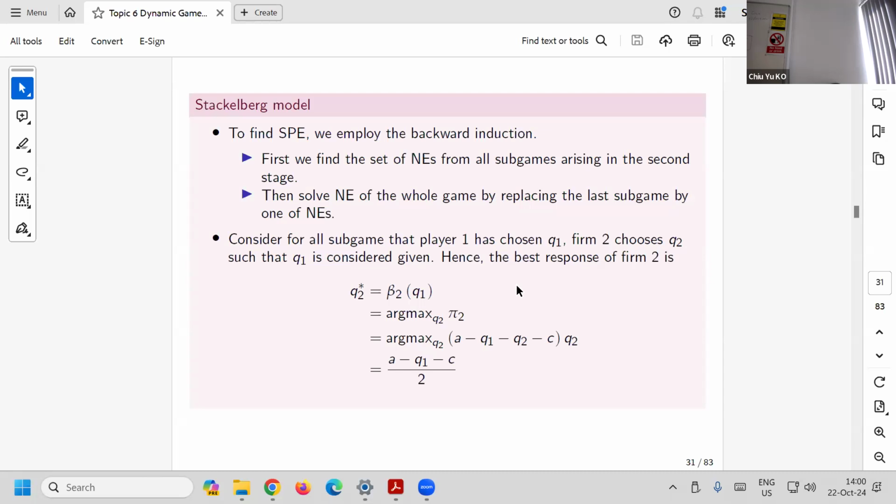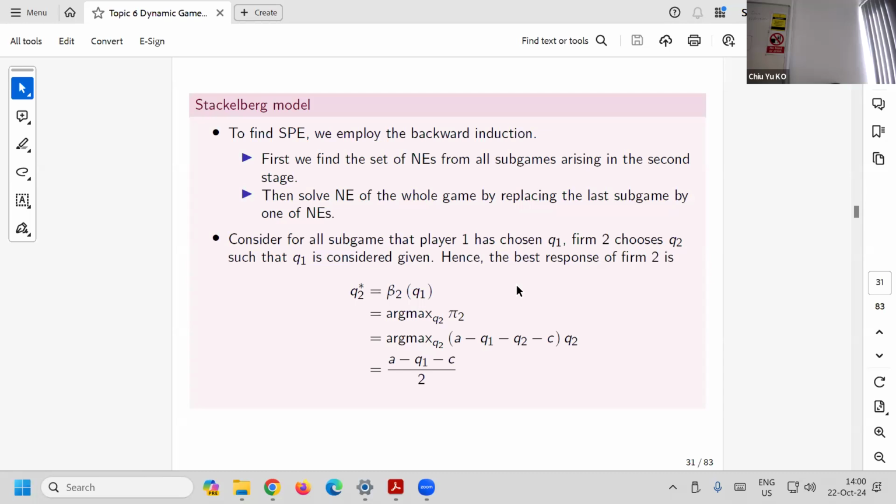For every Q1, this is what Q2 is doing. So this is the best response function. Whatever Q1 has chosen, Q2 will choose in this way. Do note that this is a function, so there are infinite choices there. For every Q1, we have this.